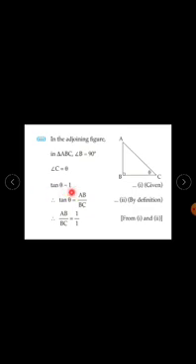Tan theta means opposite side upon adjacent side. The opposite side of theta is AB and the adjacent side is BC. So tan theta equals AB upon BC by definition. Tan theta equals 1 is equation 1, and tan theta equals AB upon BC is equation 2.